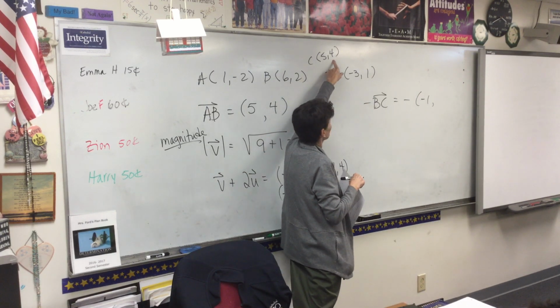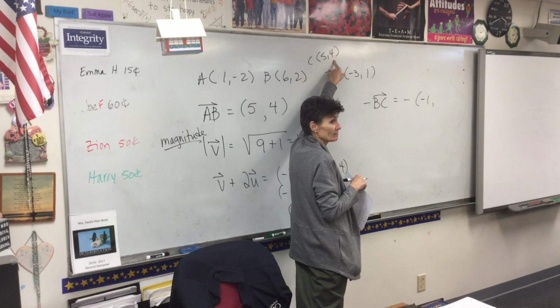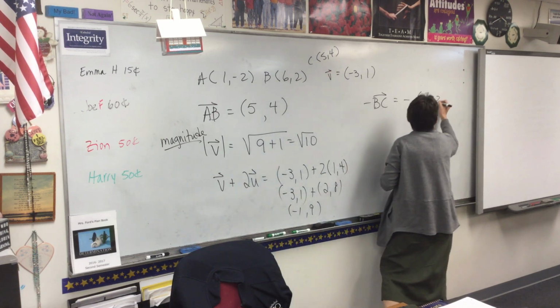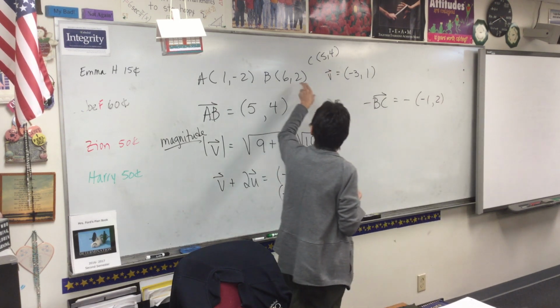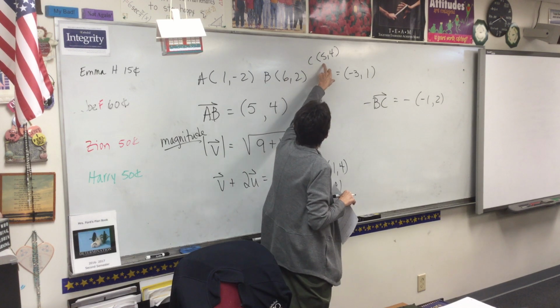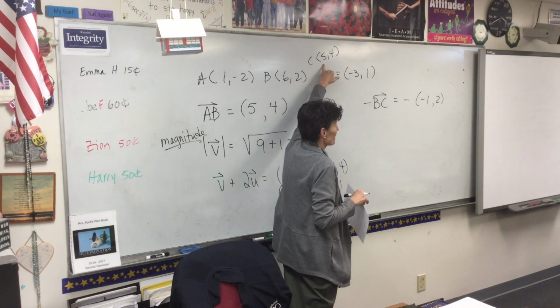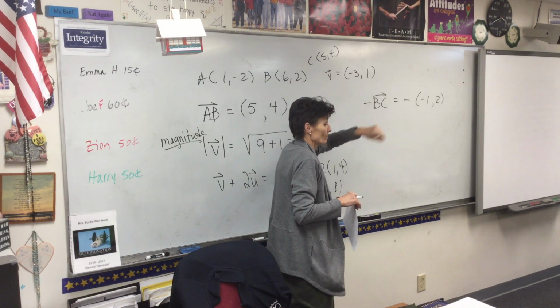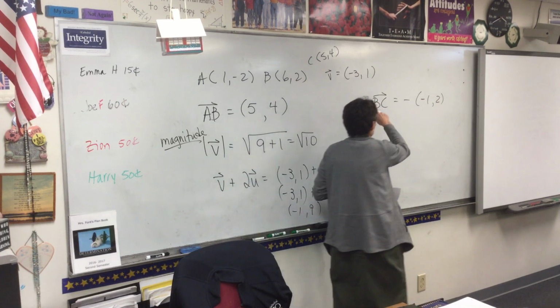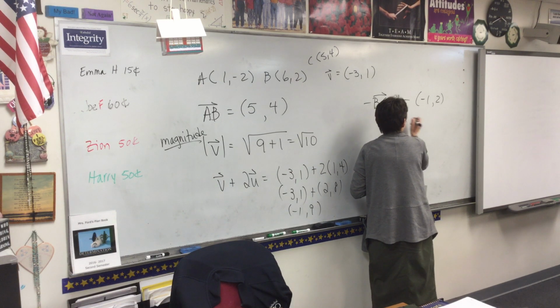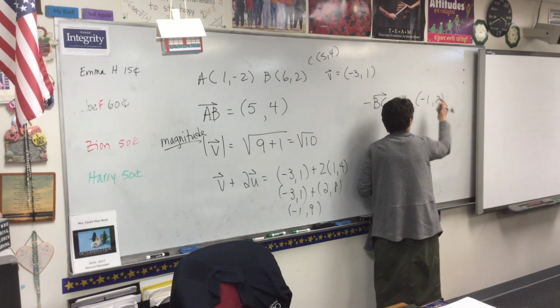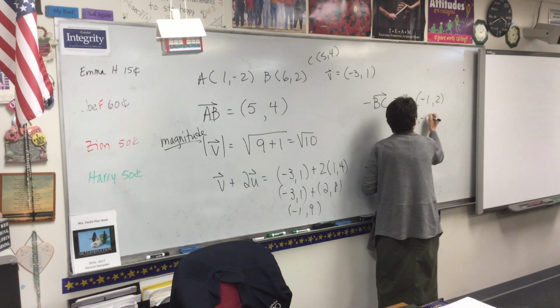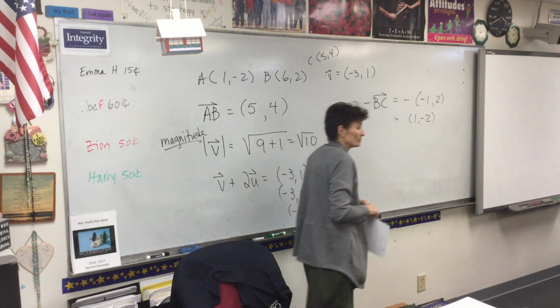And B to C would be +2, wouldn't it? So going from B to C, so going from 6 to 5, that's back 1, and from 2 to 4, that's up 2. Now, we got a negative out in front of that, though, which means what? +1, -2.